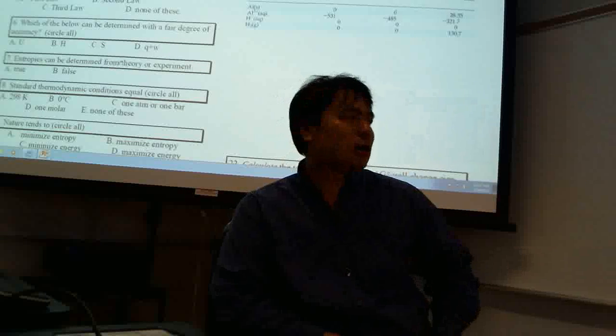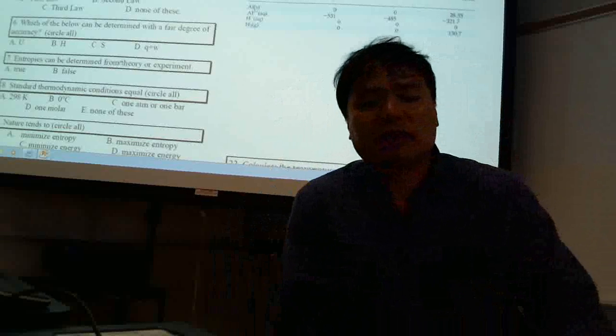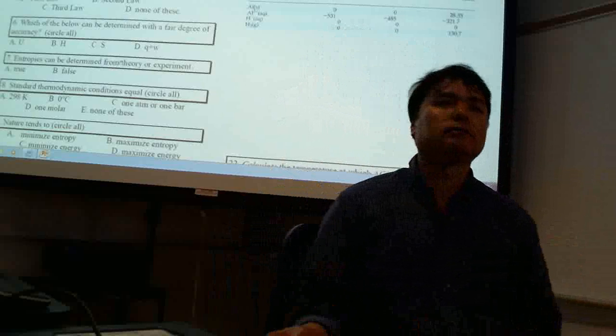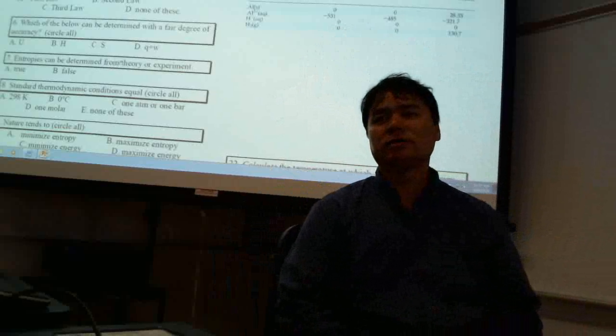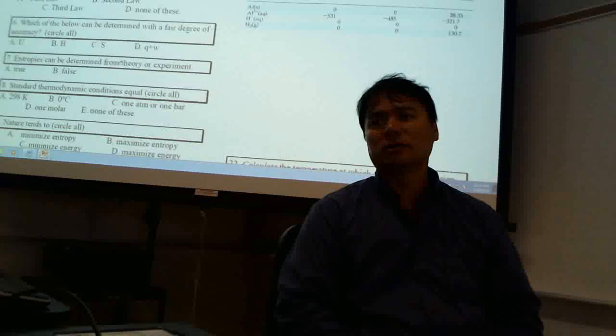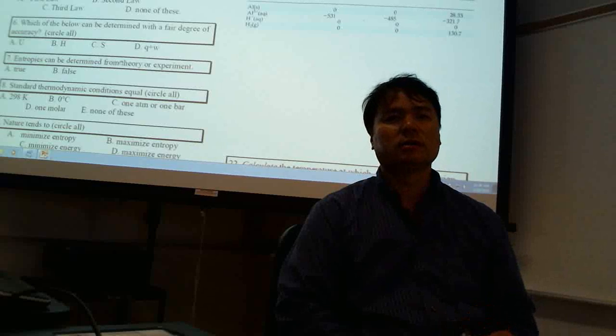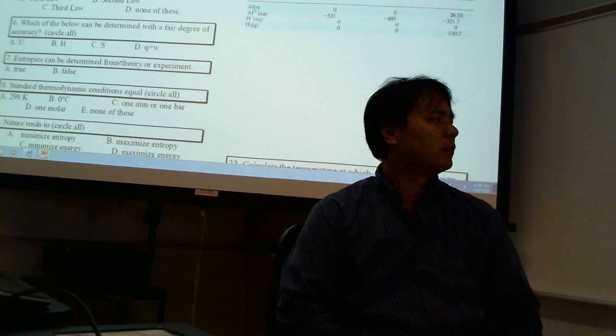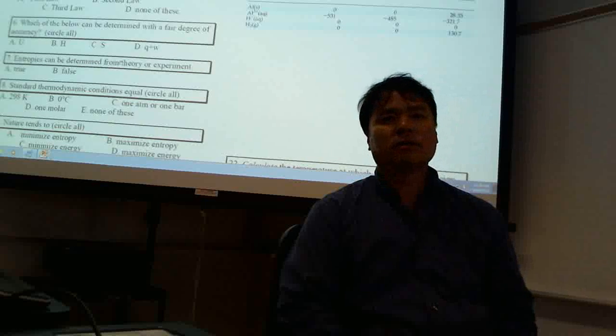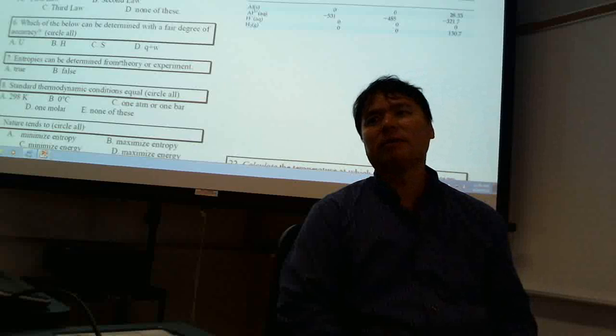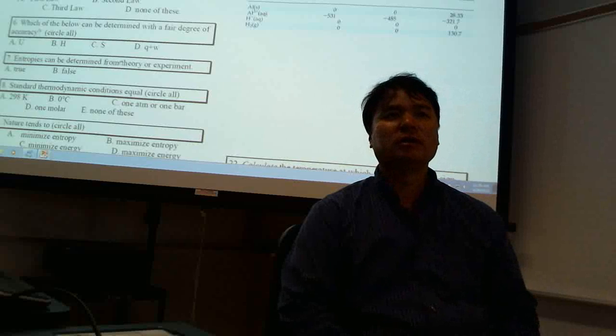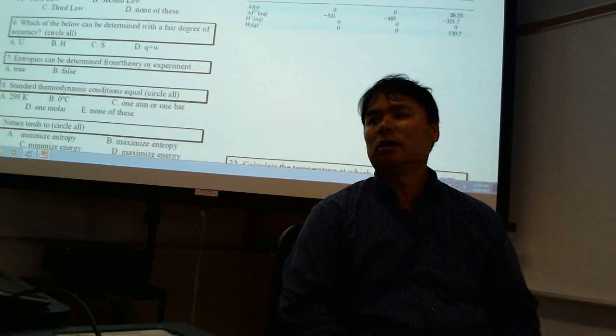K is actually R divided by N sub A. In the homework, there are calculations you do: calculate the number of ways, the number of possibilities that you have. So you could derive it both experimentally by measuring heat capacities or theoretically by determining all the ways in which to arrange things.